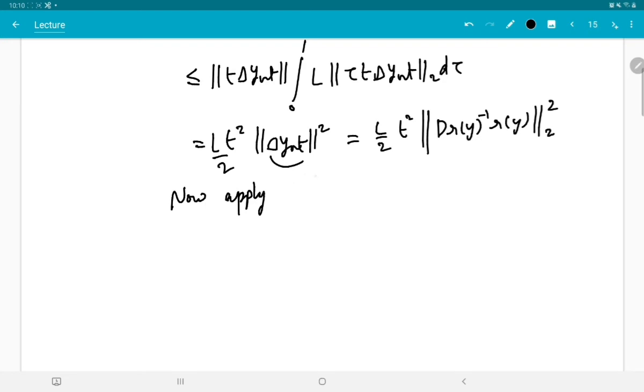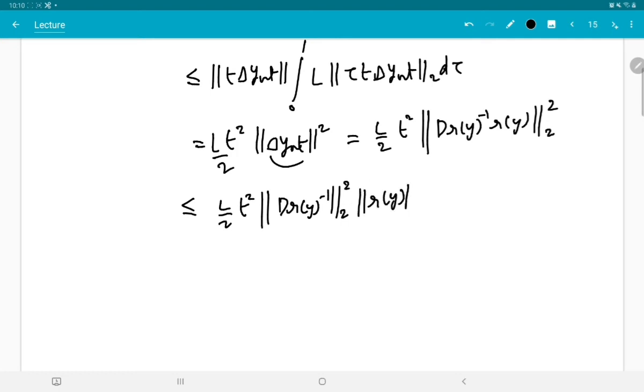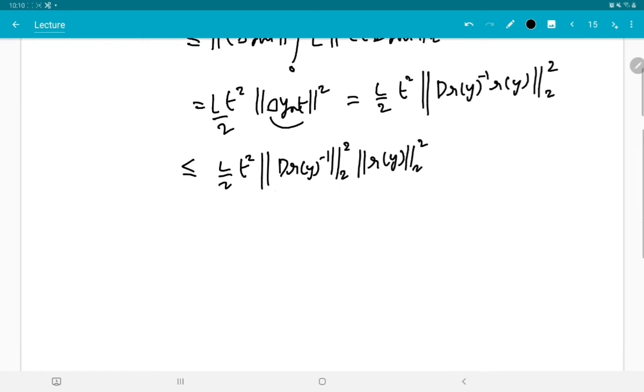So now we have this thing less than or equal to L by 2 t square, norm of dry inverse squared and ry norm squared, and this is bounded by k.